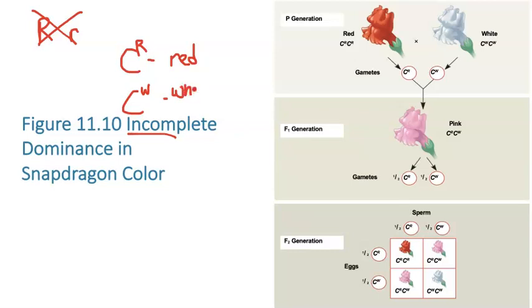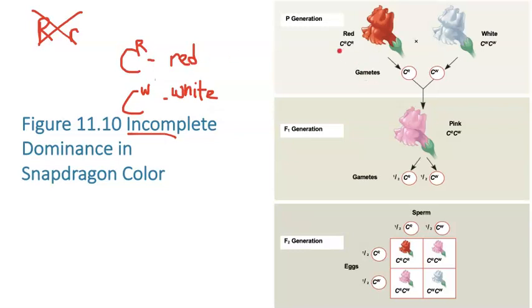It's so important that we use these alleles, because if we used capital and lowercase letters, we wouldn't be able to glance at it and say, oh, they're talking about incomplete dominance or codominance. So we use different letters for allele names. Again, it's this combination of C raised to the R or C raised to the W that makes the allele.